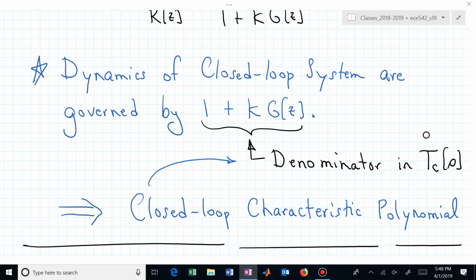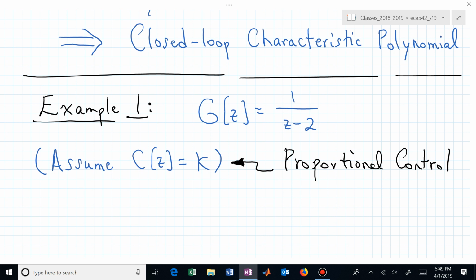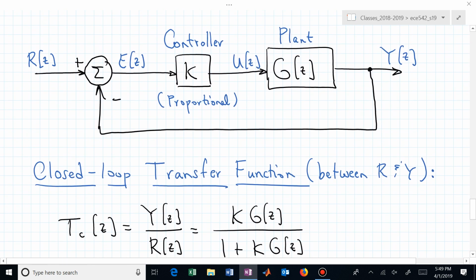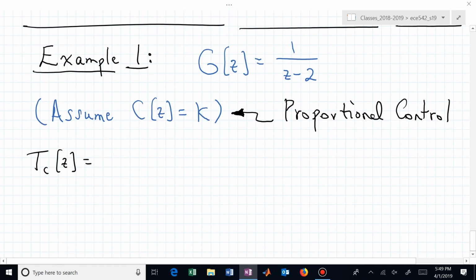What we want to do now is examine a particular plant where g of z is 1 over z minus 2, and we want to look at that assuming we have proportional control being applied. If that's the case, what is our closed loop transfer function? Assuming the same block diagram that we had before. Now we have a particular g of z. There's our closed loop transfer function. Let's just copy that down.